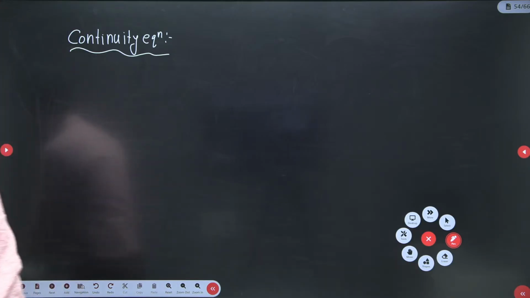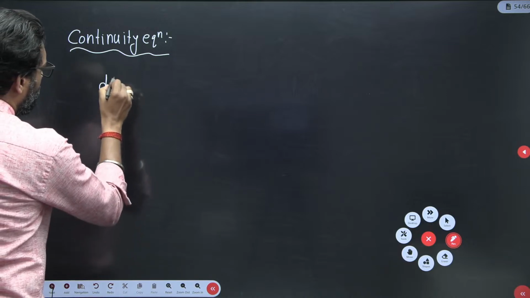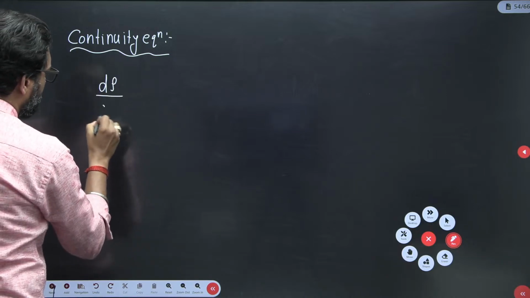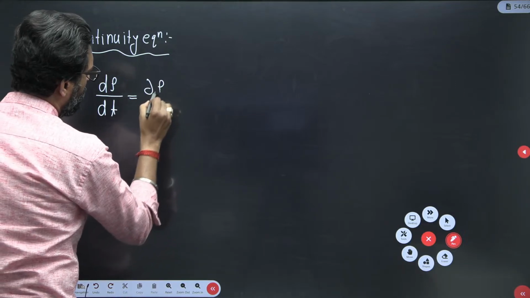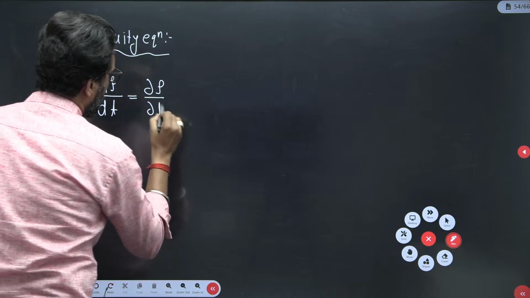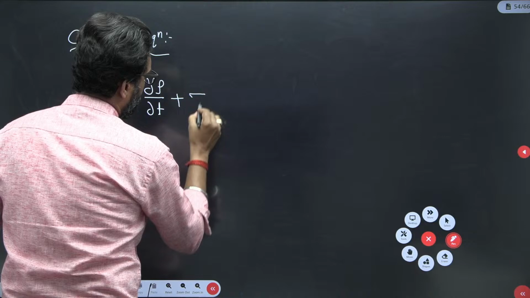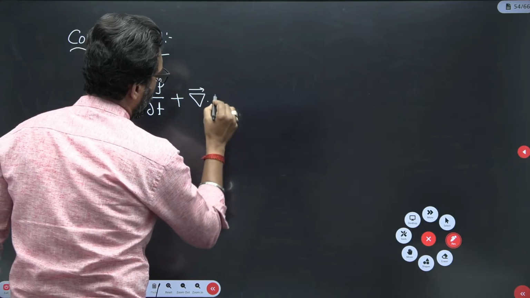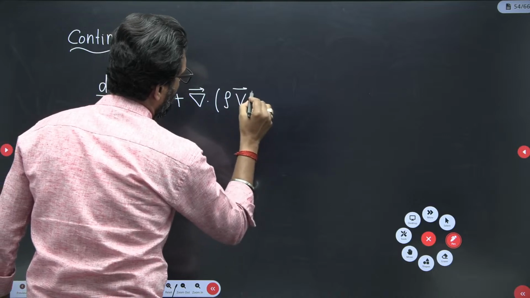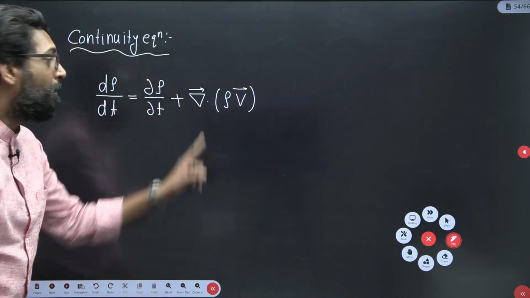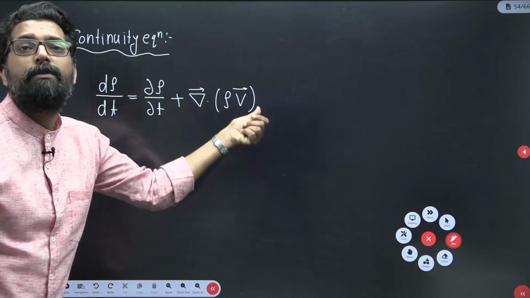What is the continuity equation in the differential form? d rho by dt is equal to del rho by del t plus divergence of mass flux. Always remember, change in density with respect to time plus divergence of mass flux.